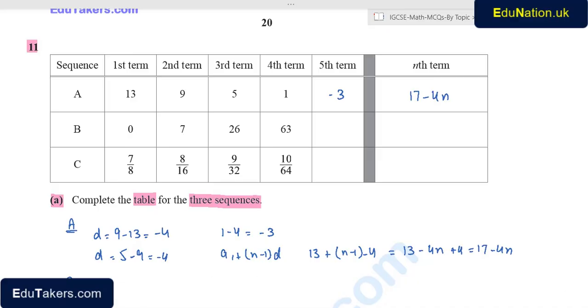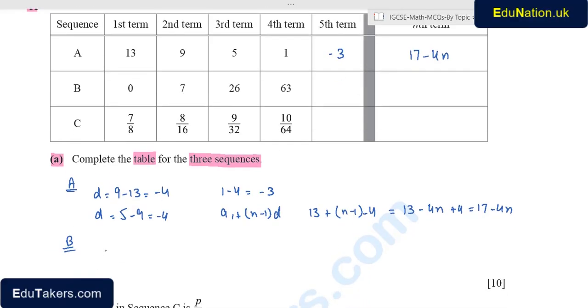We can write 7 as 2 raised to power 3 minus 1. This is 7. And for the third term, this will be 3 raised to power 3 minus 1, which is 26. And for the fourth term, this will be 4 raised to power 3 minus 1, which is 63.